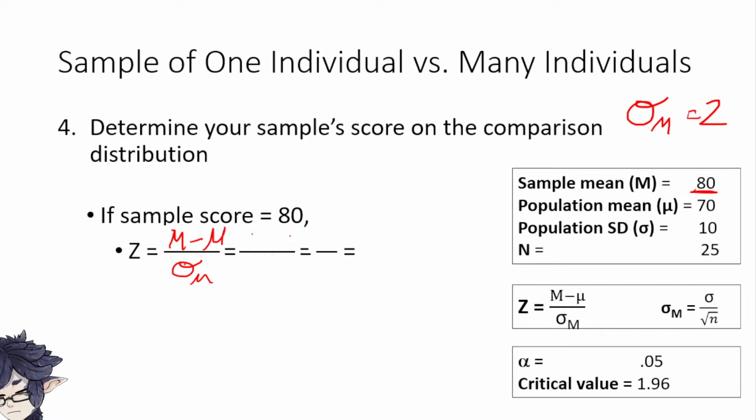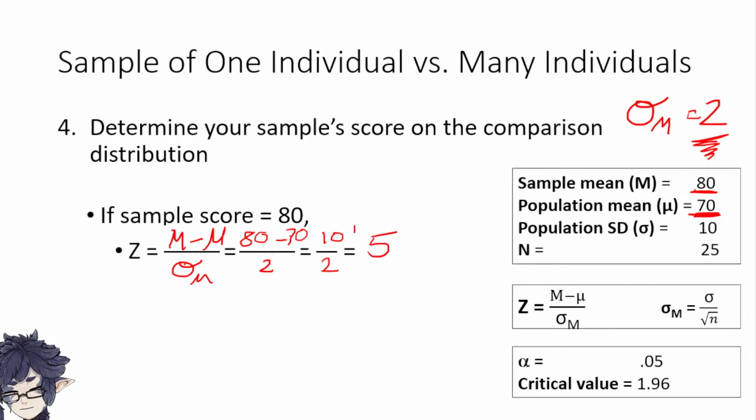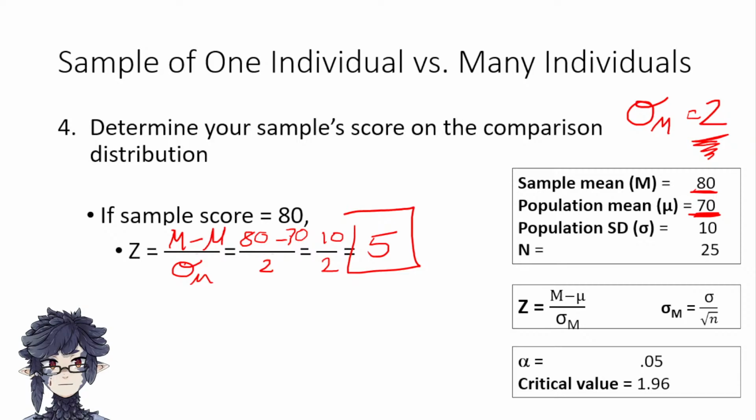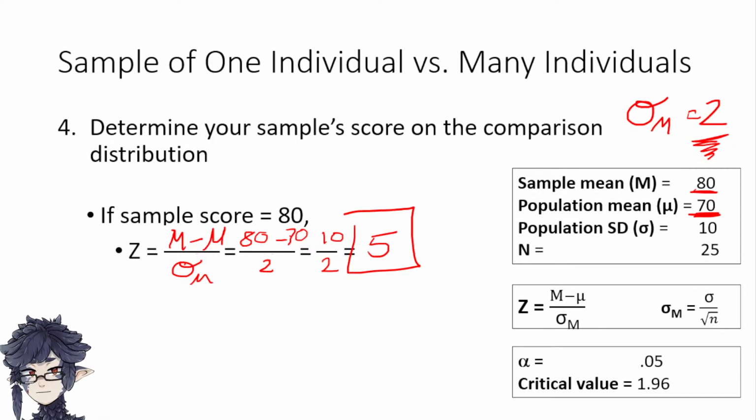The population mean was 70, so 80 minus 70 over the standard error that we calculated on the previous slide, which was 2. 80 minus 70 is 10, divided by 2. Our z-score is 5. Assuming I didn't do any math horribly wrong, which I'm never confident about.